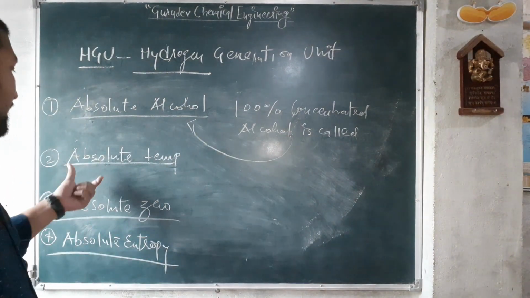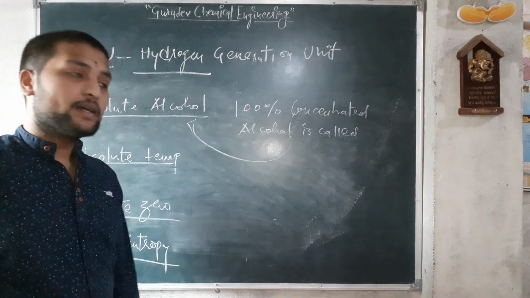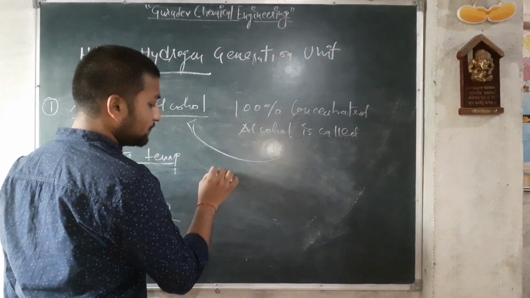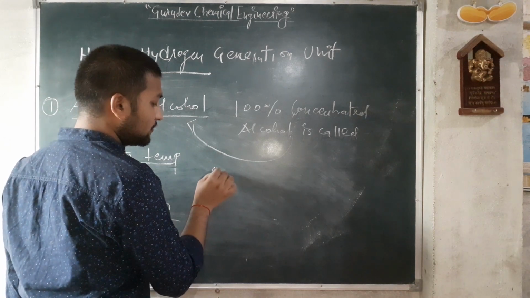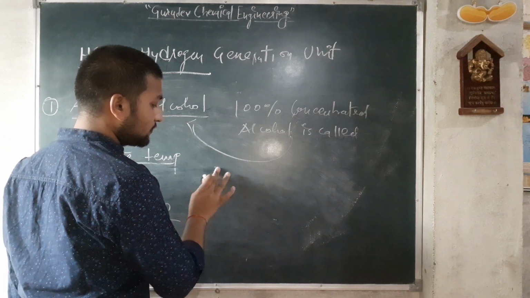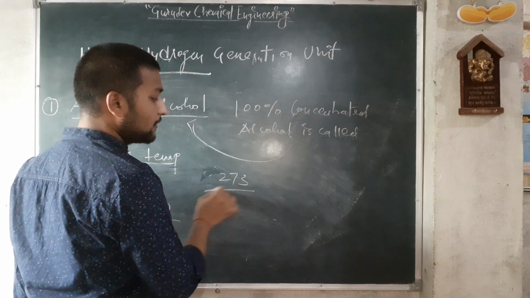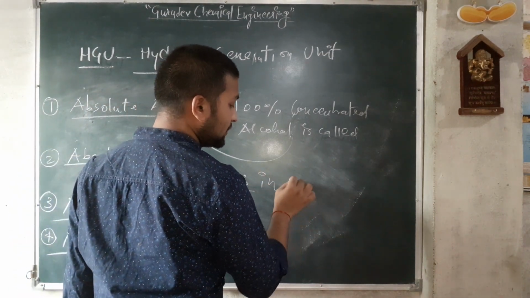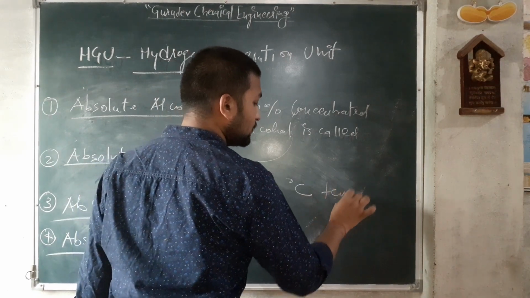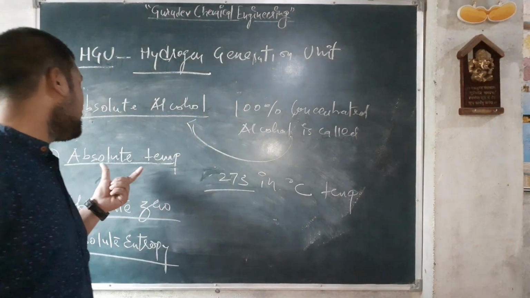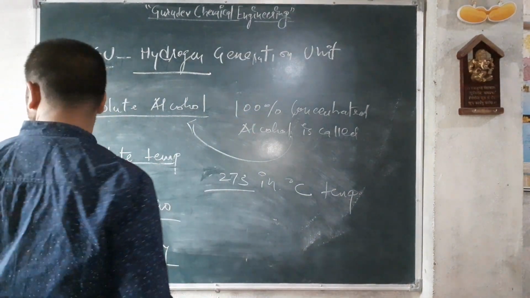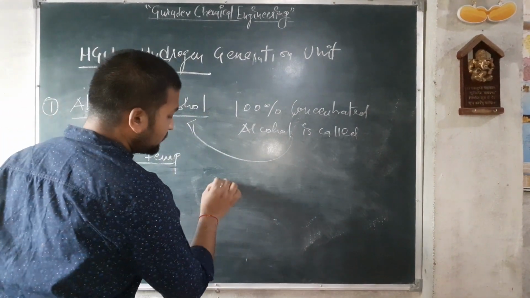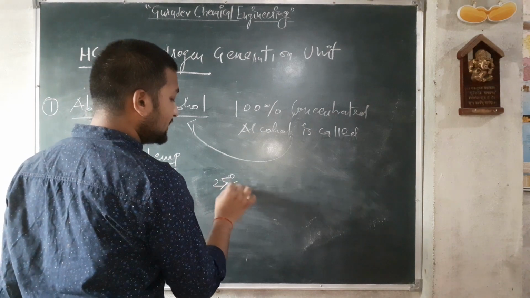And absolute temperature is what we get if we add 273 to the Celsius temperature, degree Celsius temperature. So it is called the absolute temperature. For example, 25 degrees Celsius.